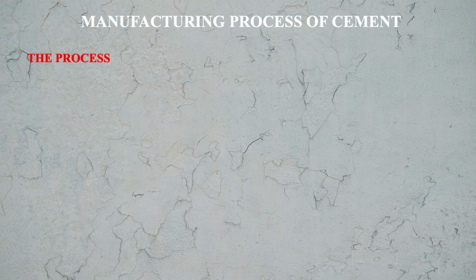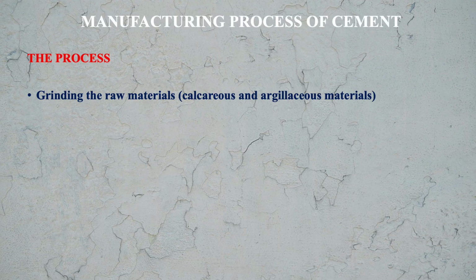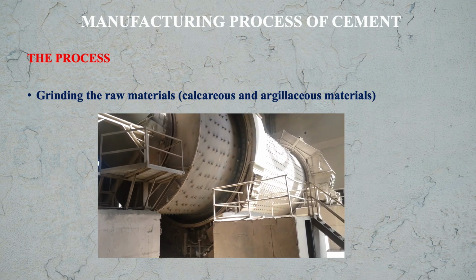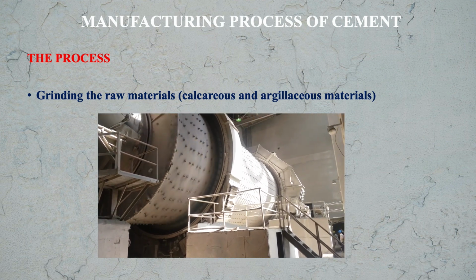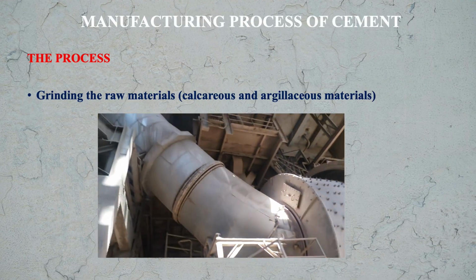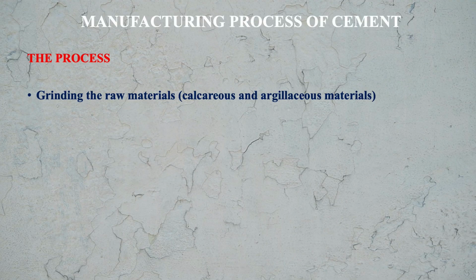Now let us see what is the process basically. What happens when we are manufacturing the cement? In the process of manufacturing of cement, the grinding of the raw materials is done first. Raw materials, as we saw in the last slide, the calcareous materials and the argillaceous materials, are first ground.